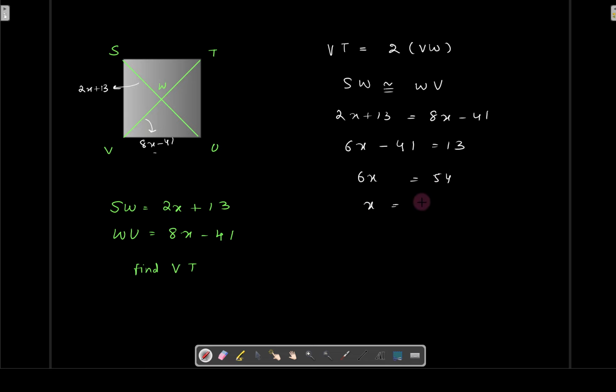That means x will be equal to 9. So your VW will be equal to 8 times 9 minus 41. So 8 times 9, that's 72, minus 41, which will be 31. So VT will be 2 times 31, which is 62.